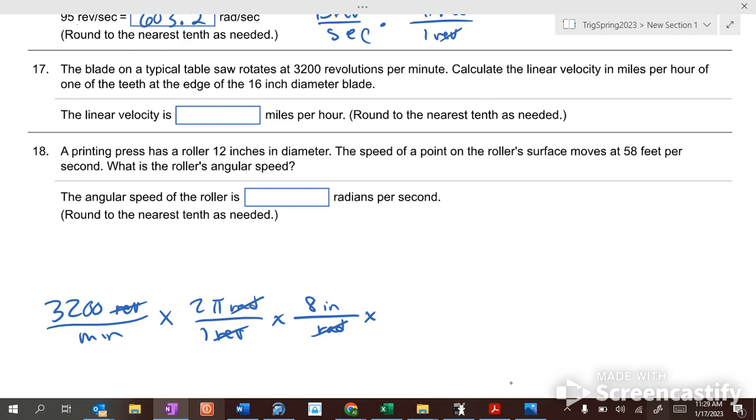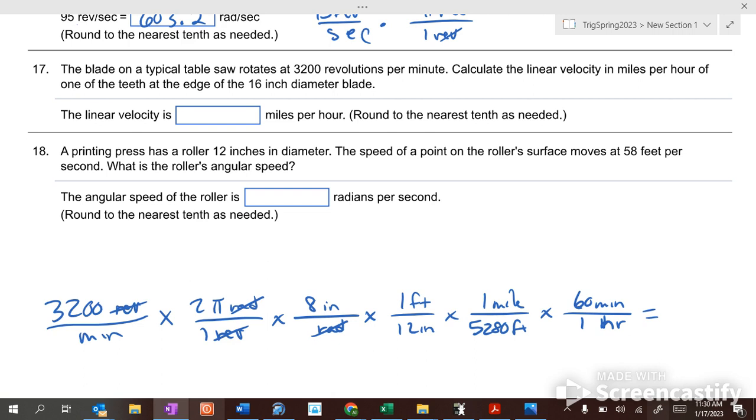Now I got to get miles per hour. So I multiply by 1 foot over 12 inches and 1 mile over 5,280 feet and by 60 minutes over 1 hour.